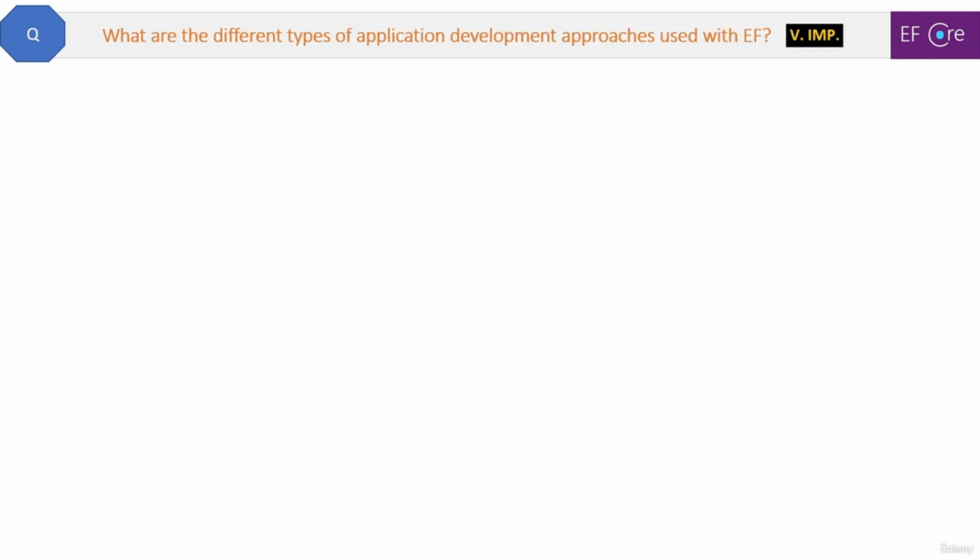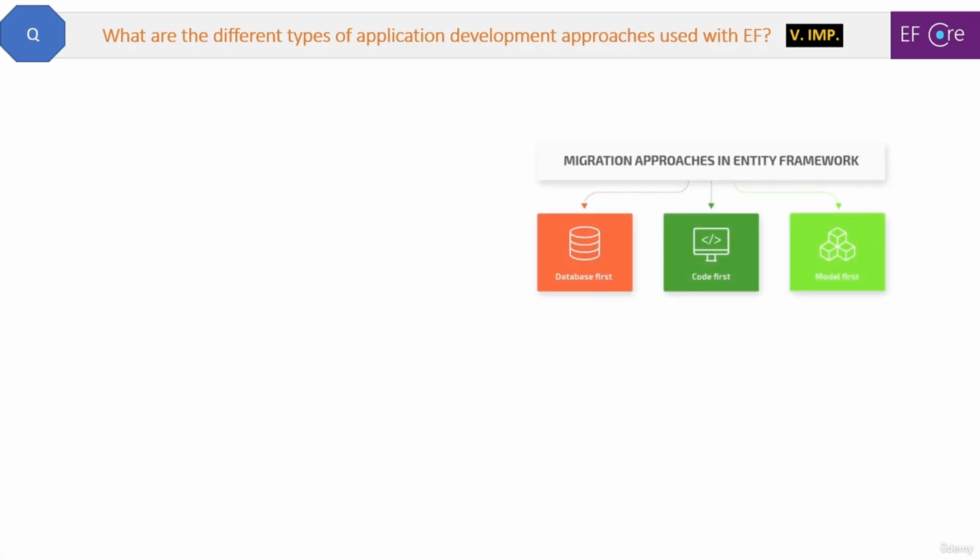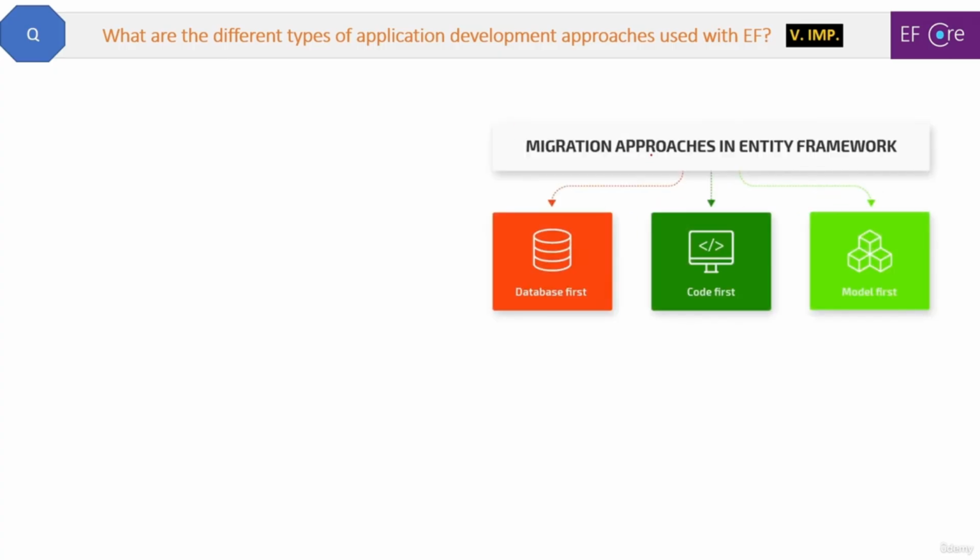What are the different types of application development approaches used with the Entity Framework? Alright, so we have three types of approaches in Entity Framework: database first, code first and model first. Basically, if you want to create an application and you want to use Entity Framework in it, you can follow these three approaches. Out of these three you have to follow only one approach, but you have these three options.